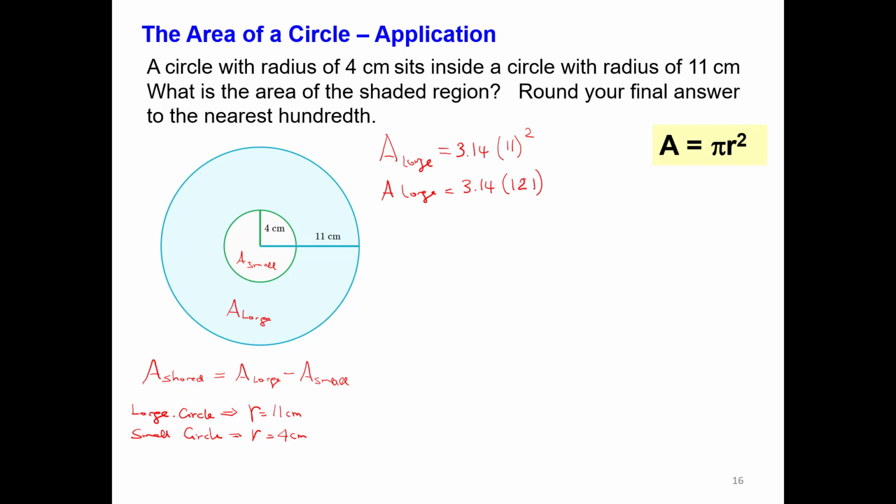Here we want to multiply 121 times 3.14. 4 times 2 is 8. 4 times 1 is 4. 1 times 1 is 1. Let's write here 0. 1 times 2 is 2. 1 times 1 is 1. By 3, 3 times 1 is 3. 3 times 2 is 6. 3 times 1 is 3.